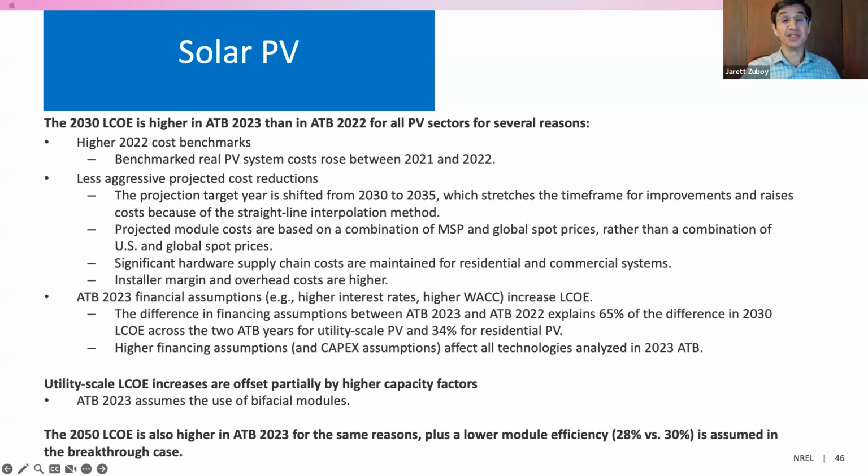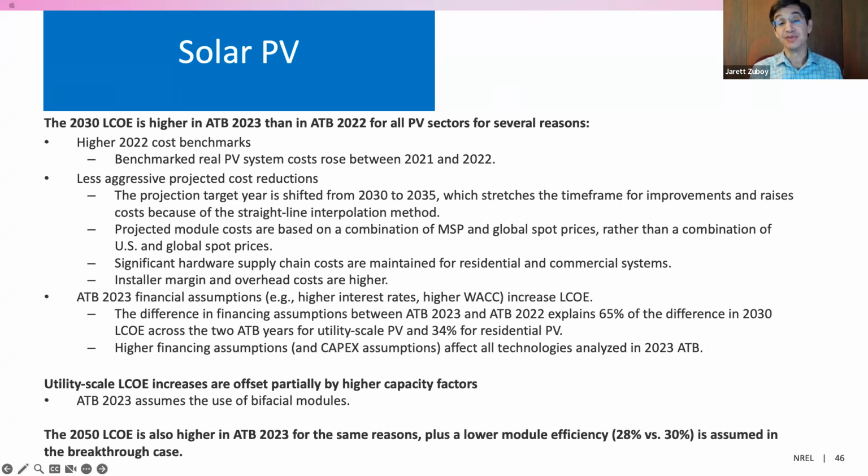So this is a little more detail. One change here is the projection year was 2030 last year, now it's 2035. So I've normalized things, looking at PV, which is quite a bit higher projected cost in 2030 this year than it was last year. And this lists out some of those reasons. Some of these reasons apply to everything in the ATB, and some are solar specific.